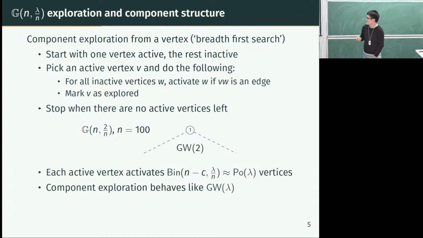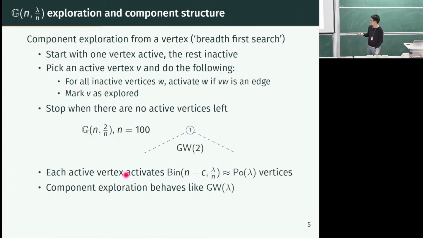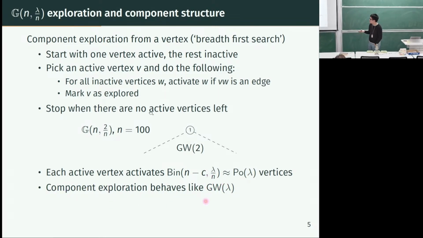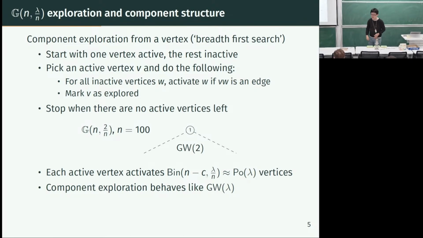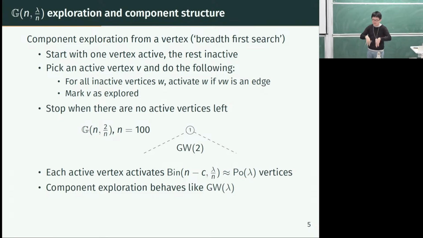And why is this relevant? Since exploration behaves like this, and recall we had this whole thing about the survival probability, again using some heuristics without being precise, you can think of the process dying out as being in a small component and not really seeing anything large, whereas if you were in something big, then you could, in theory, explore forever.